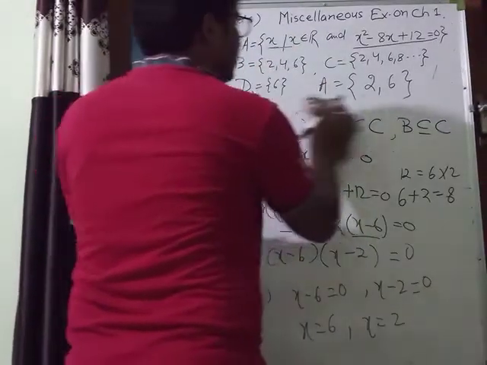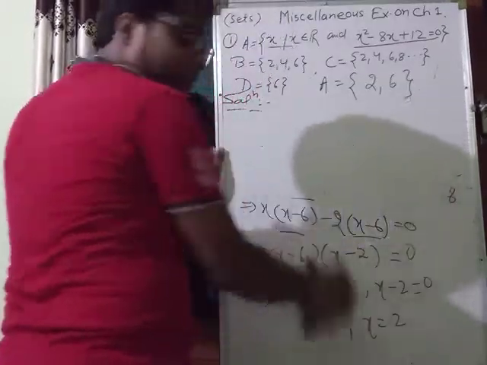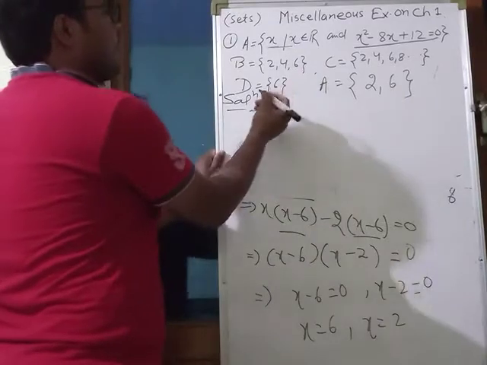So clearly from here A contains two elements, 2 and 6. Now you can check from here.